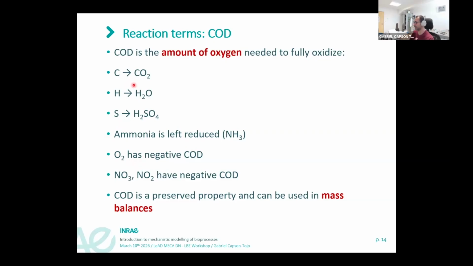So if we have something that has a positive COD, you need to have a negative COD somewhere. And because ammonia is left reduced, we assume this is a 0 COD, and more oxidized nitrogen species have negative COD. This is important for the calculations that we will do later on, balancing COD. And again, it's a preserved property that can be used in mass balances, and it's very useful for biological growth. So this is mainly why we use COD.